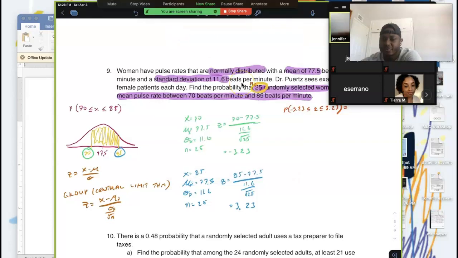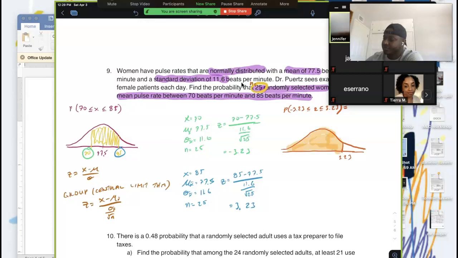Any questions so far? Are we okay? So now what's our next step? And what are we looking for first? Positive first, so the larger of the two numbers first. So we're going to go 3.23 first, and we're going to find all that area.